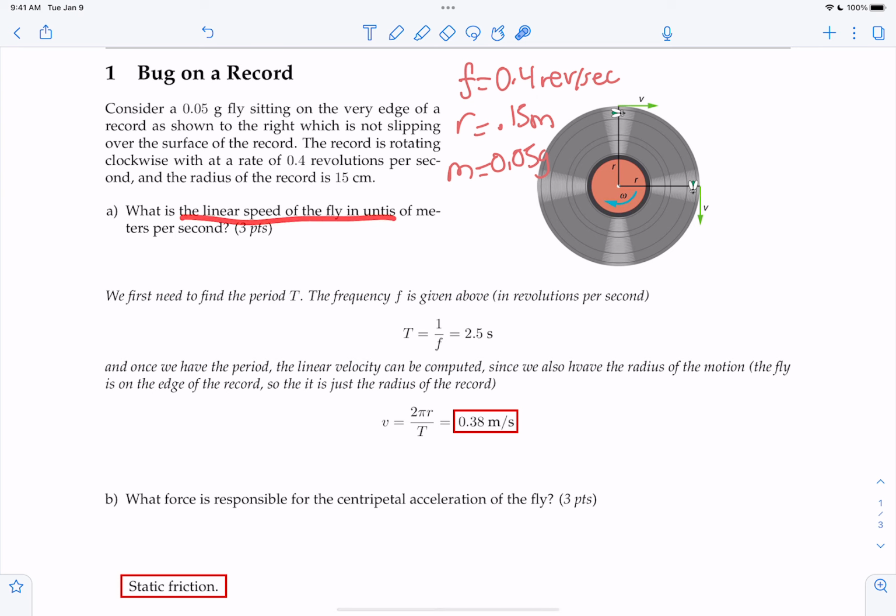We're trying to figure out linear speed, and we can do that given that equation, v equals 2 pi r f, or 2 pi r over t. We're given the frequency, which is 0.4, and the radius, and we can just figure out linear speed using this equation.